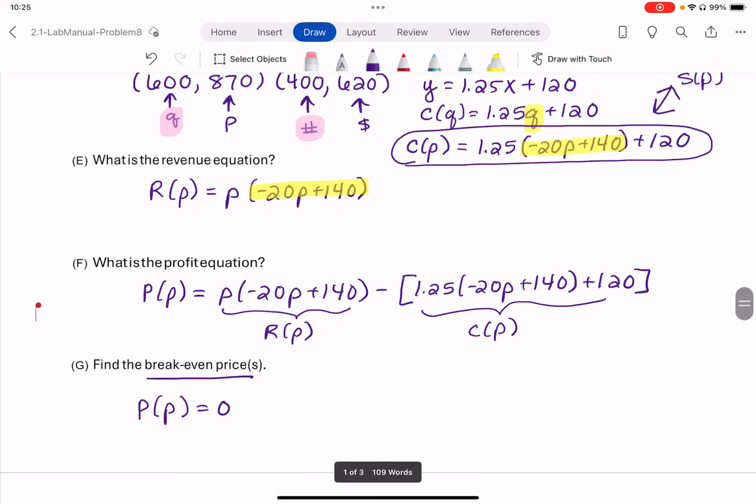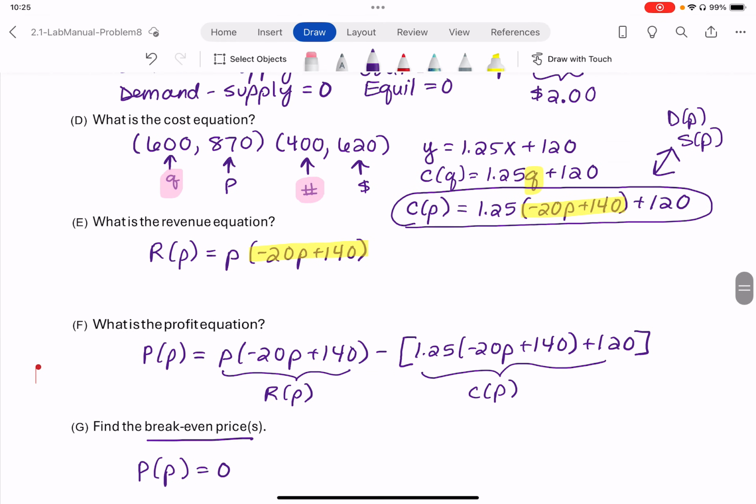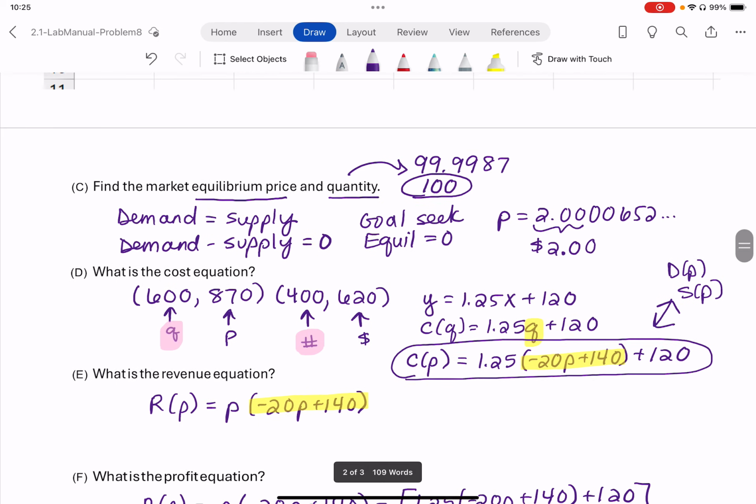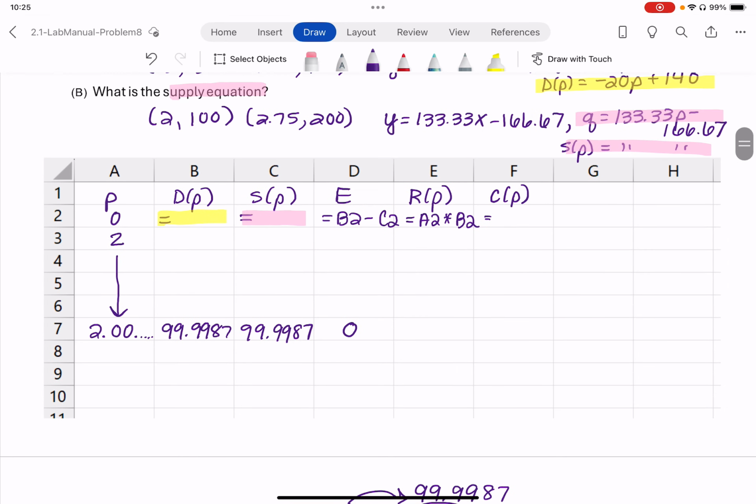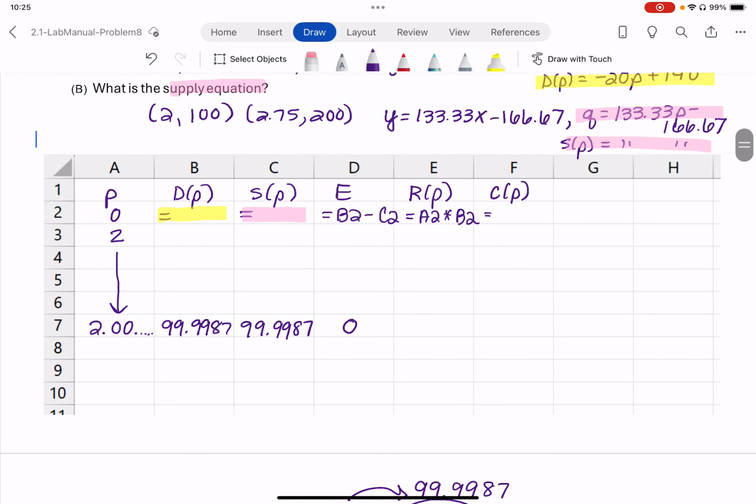All right, my C of P, okay, is going to be, I know you'll probably get dizzy with me going back and forth here. My C of P is going to be that 1.25 times the demand plus 120, okay? So I'm going to have 1.25 times the demand, which is that B2, and then plus 120, okay?